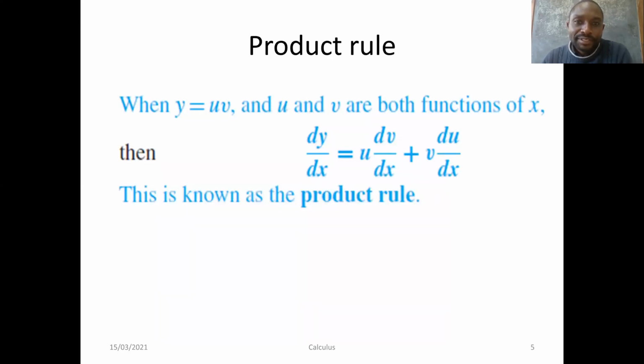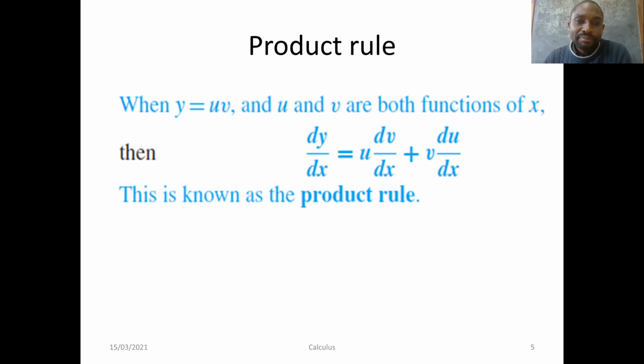The first method is known as the product rule, and this rule applies where you have a function that has 2 terms that are multiplied together, and these terms are here denoted as u and v.